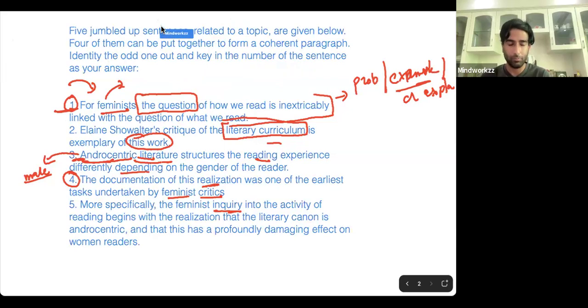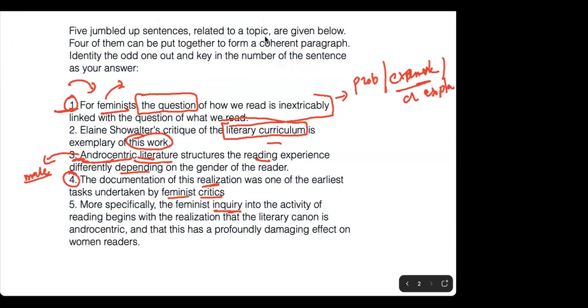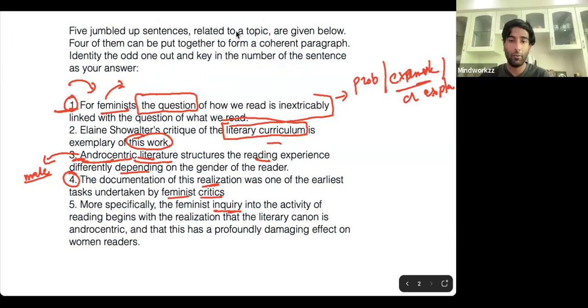Inextricably means something related to. Is it a problem or explanation? Explanation. Everybody is saying explanation.